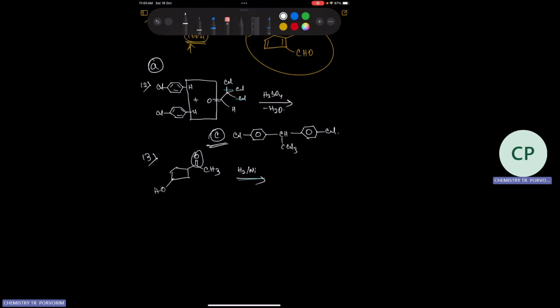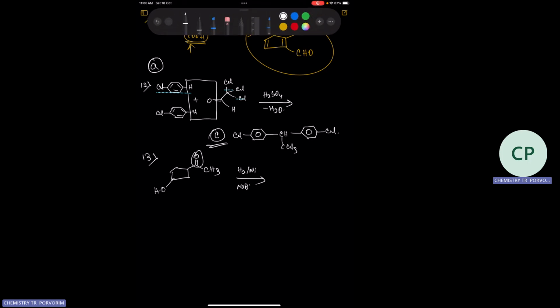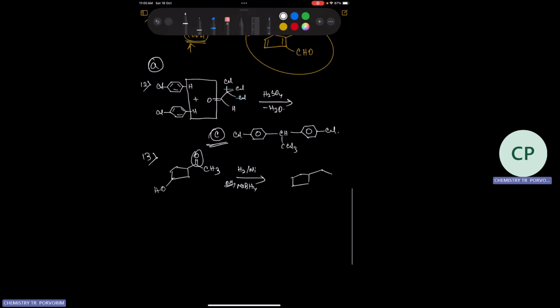It will be converted into alcohol. Or if I use sodium borohydride, NaBH4, it can also do what? Alcohol. But we need basically alkane. This OH is completely removed.